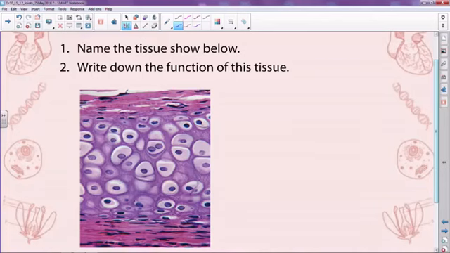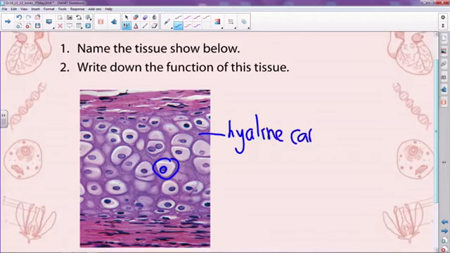The first one, if you have a look at the big, large cavities here with the little cells and there's no fibers, what I was looking for was for you to identify hyaline cartilage. And when we come to our joint, the function of the tissue is to cover bones, to prevent friction.